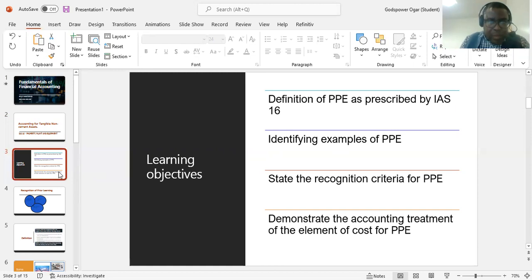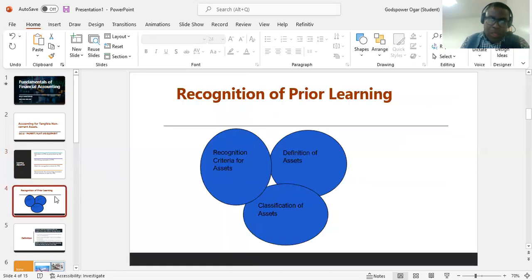So I'm talking about the learning objectives. There are implicit assumptions here that you know how to recognize assets, define assets as a whole, and understand the classification of assets. But I'll do a little roundup.